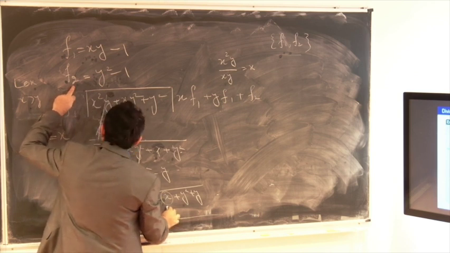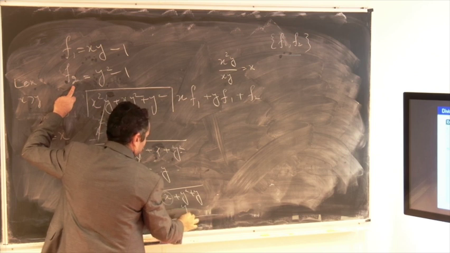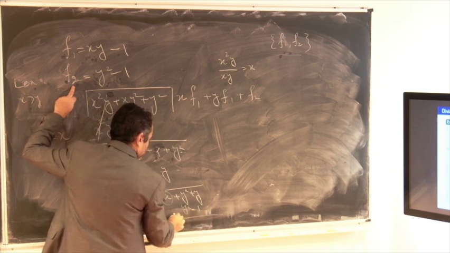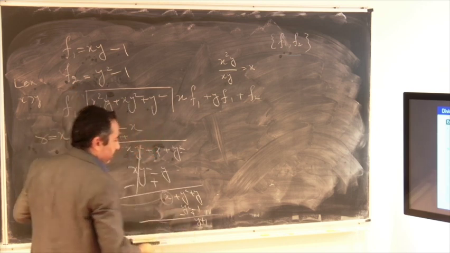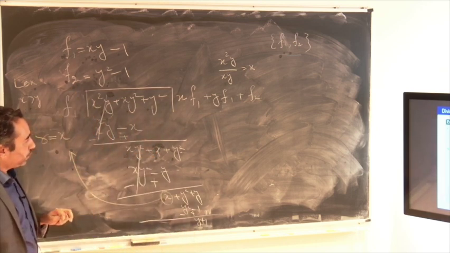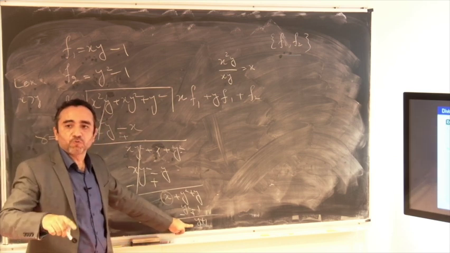So it's y square minus 1, we subtract, and I get y plus 1. So now in step 4 we are left with y plus 1.